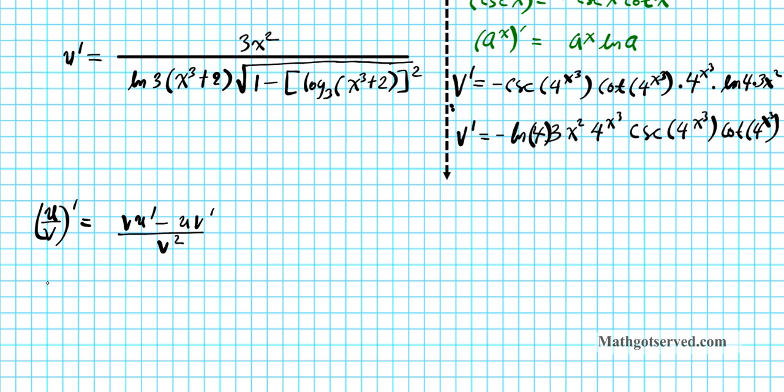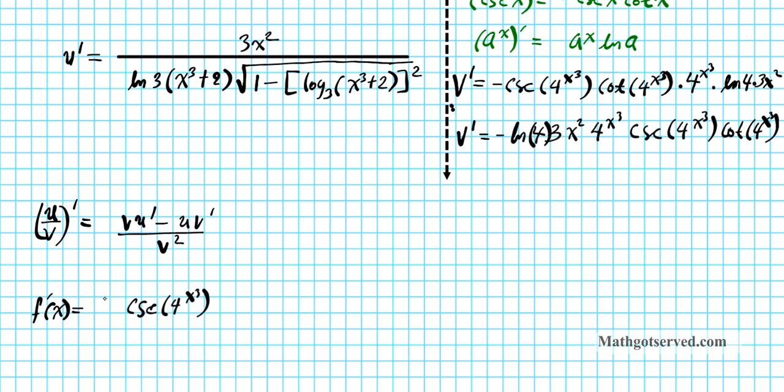Okay, so let's go ahead and do it. We're going to have the final answer, f prime of x. We don't have to simplify too much, just write it as it is. So v is cosecant 4 to the x to the third times u prime, which is 3x squared.